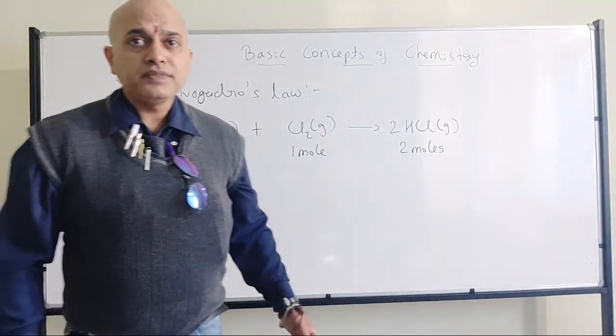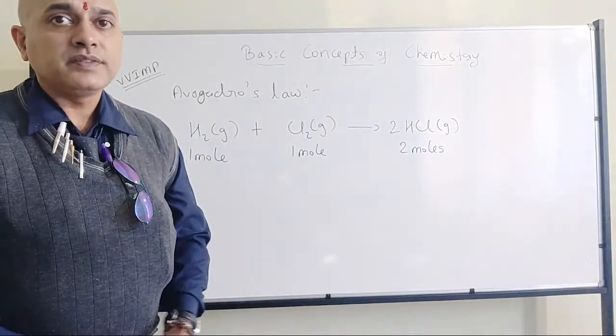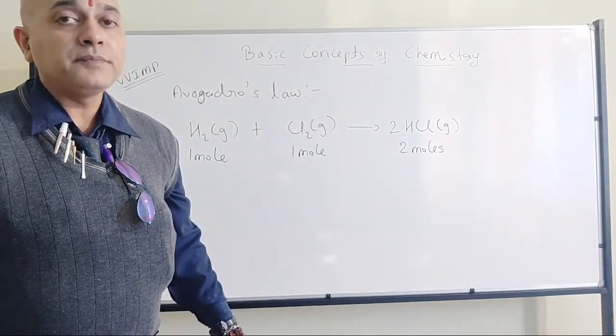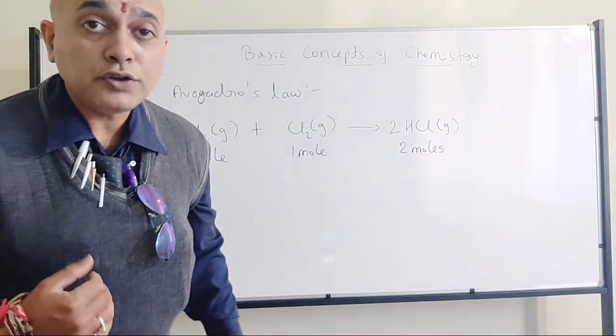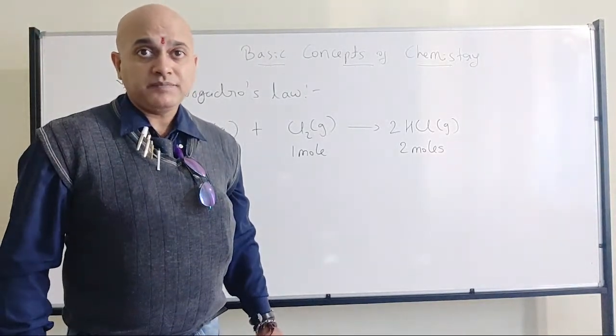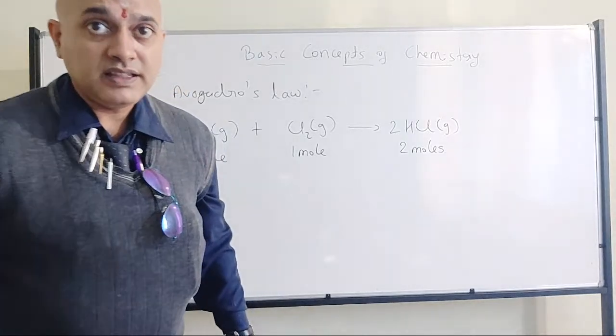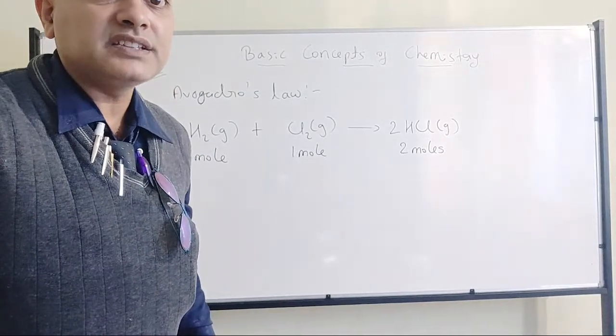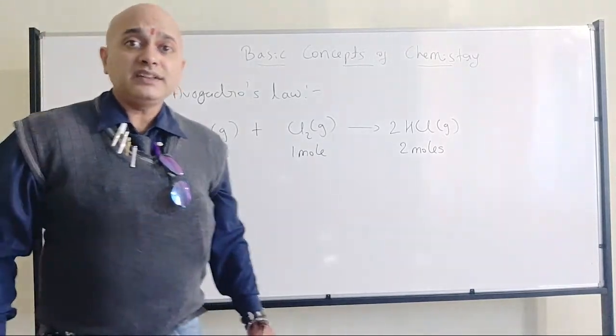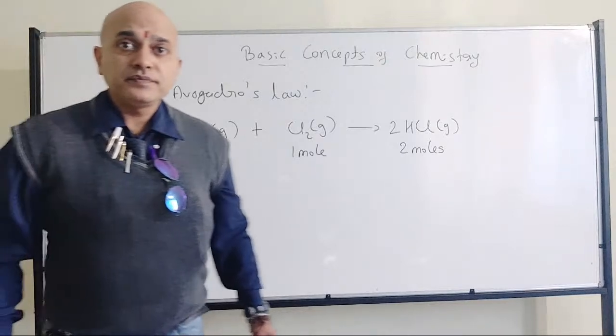If I am telling I have got 1 mole of hydrogen with me, I want it in number. I know that it is 1 mole. So in that case, with respect to the number, what will be that number? Can any one of you tell me?